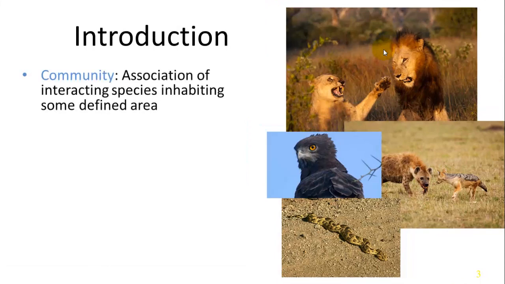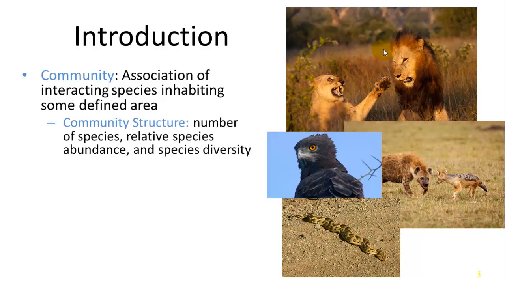If you remember, a community is an association of different types of species interacting and living within a specific area. And the community structure is how many species are there of each species, the relative species abundance, so in terms of each other species, and then the species diversity. So how many of each species make up the community structure.